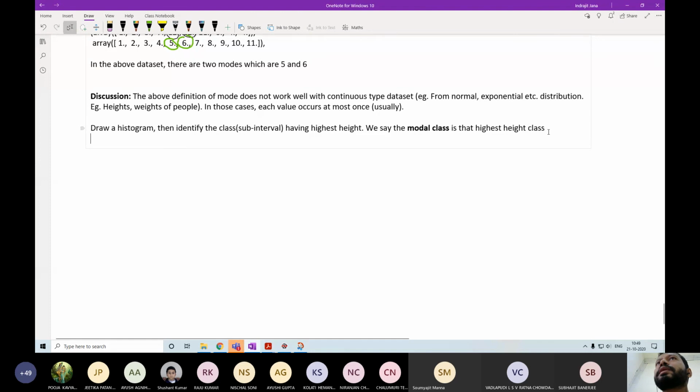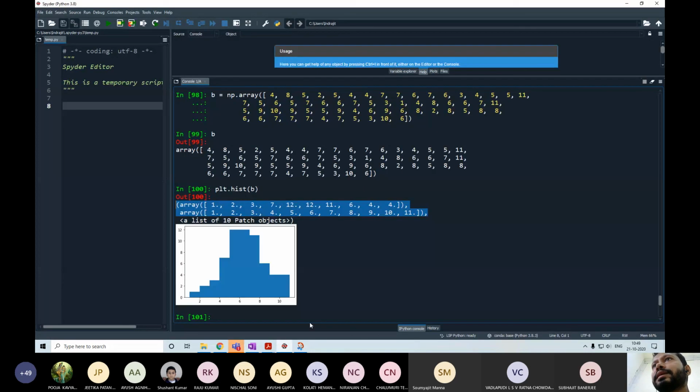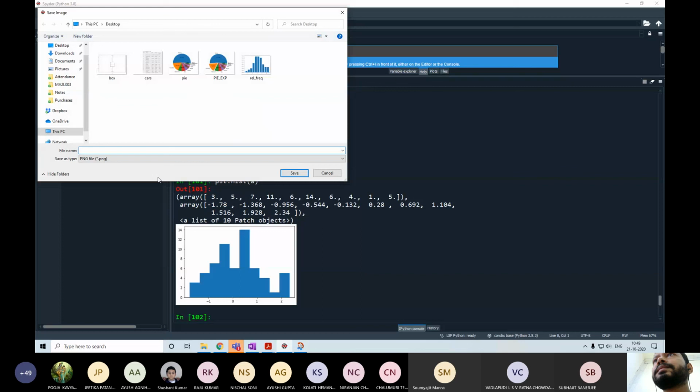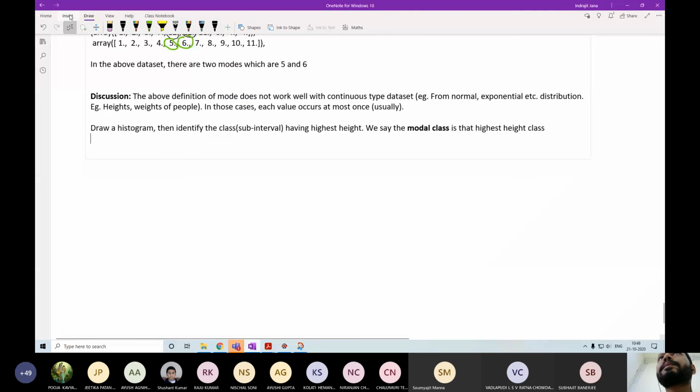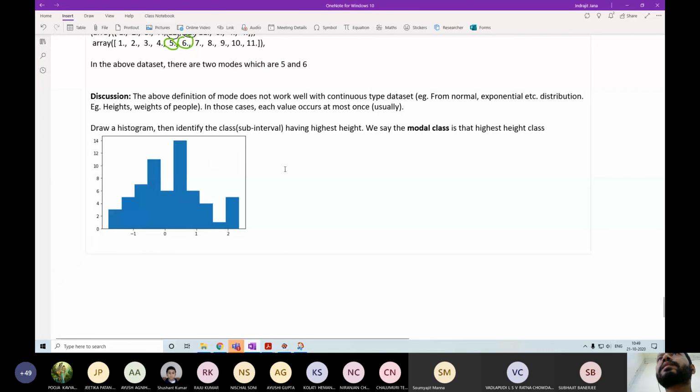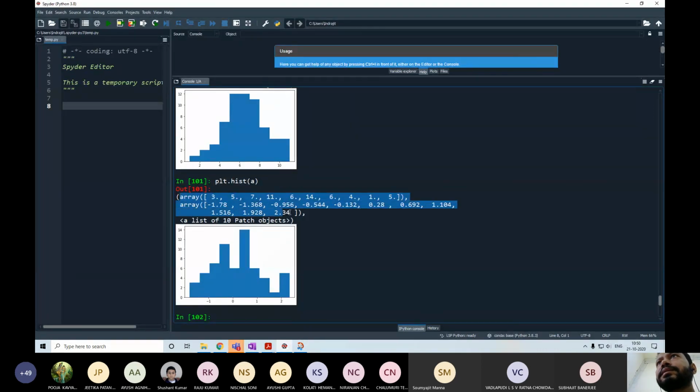Okay, so for example, with this data set that I have, if I plot a histogram here, actually not this one, but the histogram of this one, A. Okay. And let me also copy these numbers.